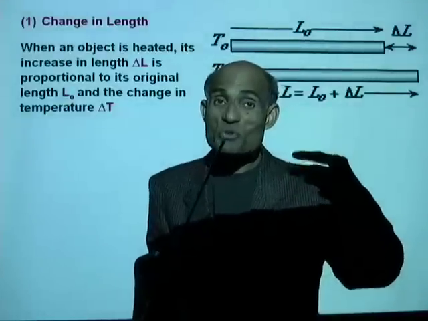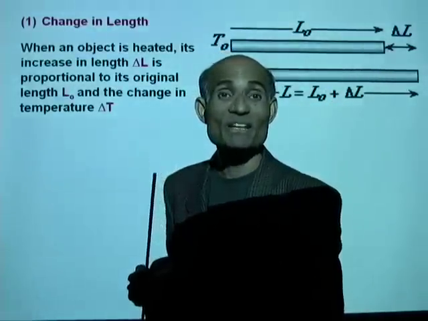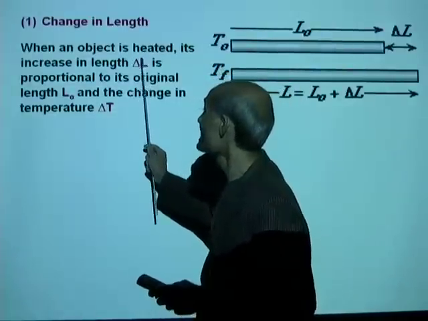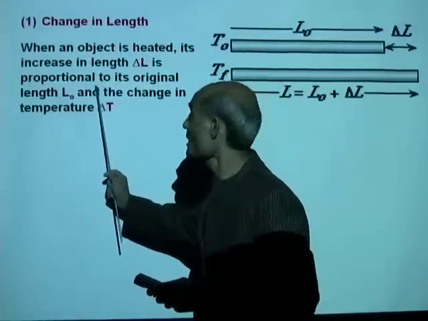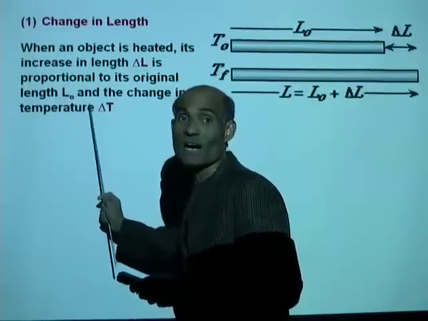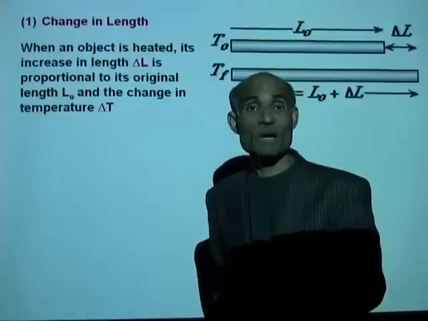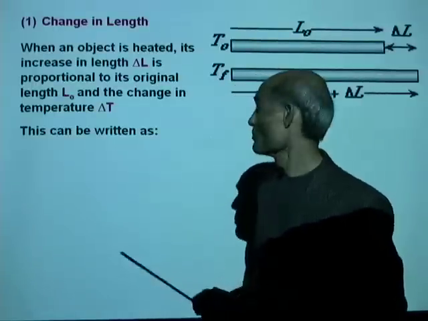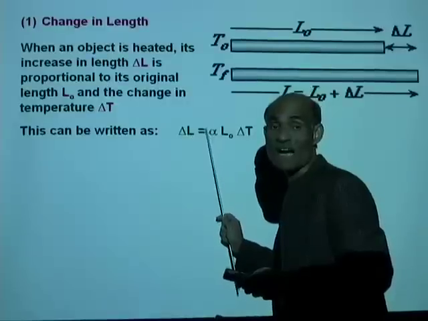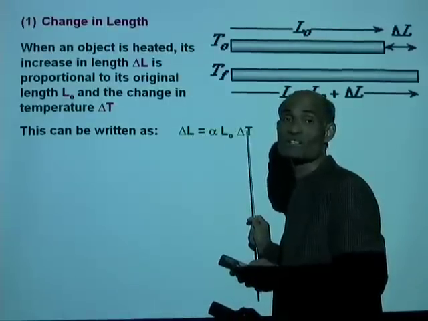So these are the two dominant factors on which the increase in length depends. So the increase in length delta L is directly proportional to the original length and the change in temperature. Can you write that as an equation? We can write it as delta L is directly proportional to L0 delta T.